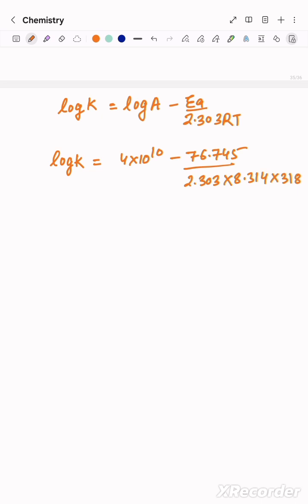Now we calculate this log K value. First, here log A value is given, so log of 4 times 10 to the power 10. We can write this as log 4 value, that is 0.602, plus 10 log 10.